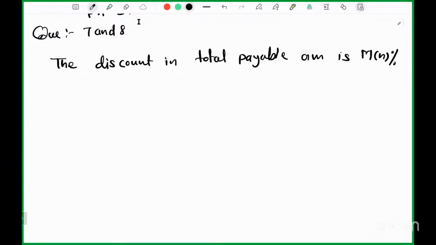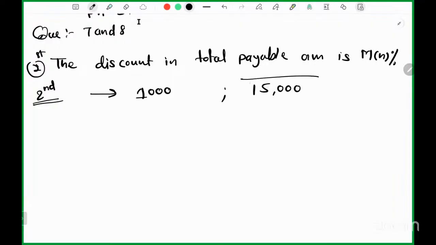And then they say that this is the first offer, and the second offer is just the discount of 1,000 rupees in total payable. And they say that Geeta shops for 15,000 rupees. Then we have to answer some questions.